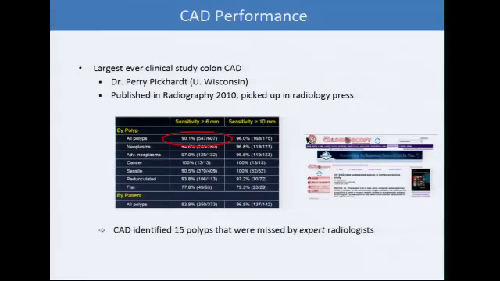And this is a really strong result because if you asked expert radiologists to review a set of CT scans, their performance would be approximately 90%. Also in this study, the CAD was shown to identify 15 polyps that were missed by the expert radiologists. So this is further proof that the CAD actually works.